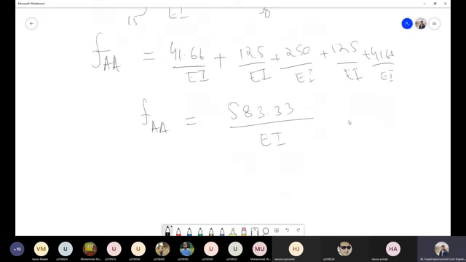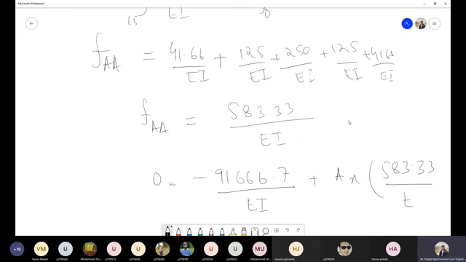Now you have got both the factors. If I substitute them back into the compatibility equation, I will get minus 91,666.7 over EI plus AX into 583.33 over EI. So this will go on to this side and will be 0.